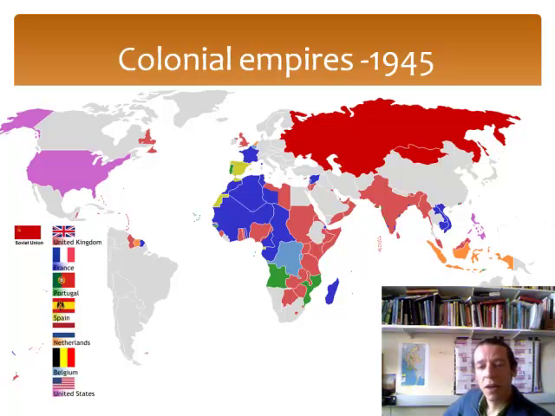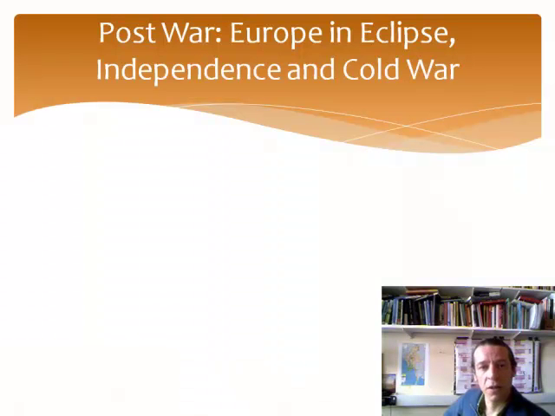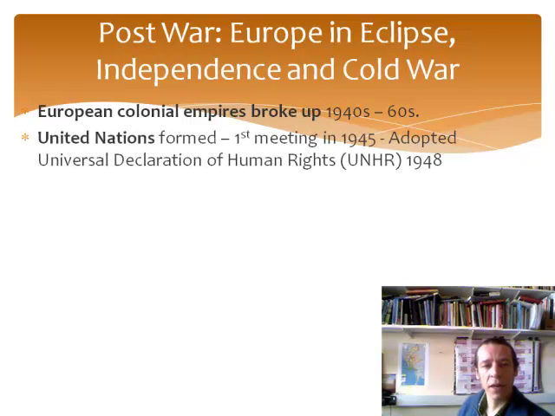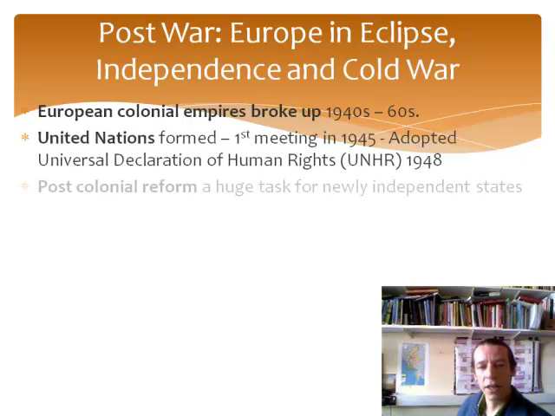It's a major transformation in the 40s, 50s and 60s, the end of the colonial era and the independence from much of the so-called developing world. Europe, which had been the predominant global power, was eclipsed by Cold War powers of Soviet Union and the United States. So we see the breakup of colonial empires, the formation of the United Nations.